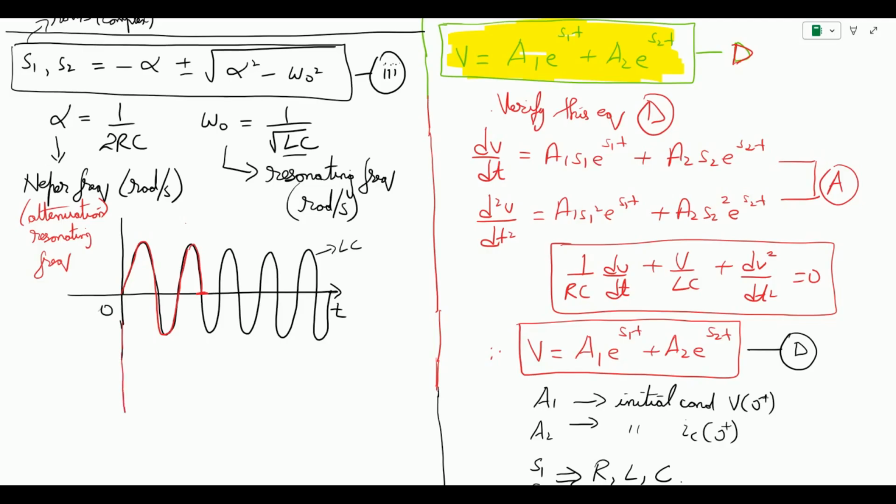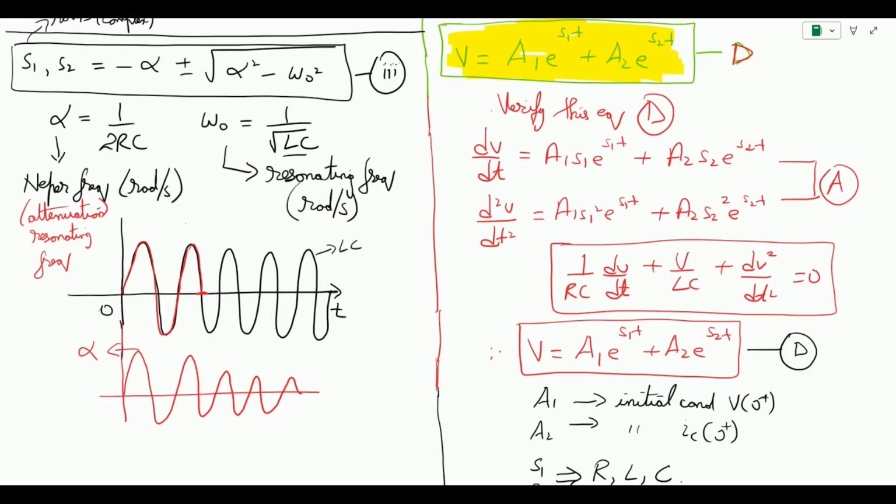So if this is our signal, the value of alpha is going to bring it down in a decaying fashion, and you can see the amplitude will become almost equal to 0. It will become very small. This is what is meant by the value of alpha, or Neper frequency.